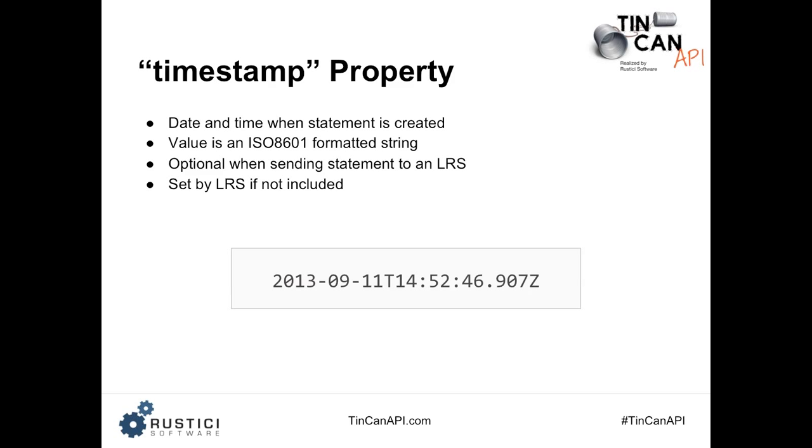If the statement is received by an LRS without a timestamp property, the LRS will set one. At the bottom of this slide, you can see an example of an ISO 8601 formatted string for September 11th at 2:52. And one key thing about setting the timestamp property is that it must include a time zone. In this case, we're saying UTC.